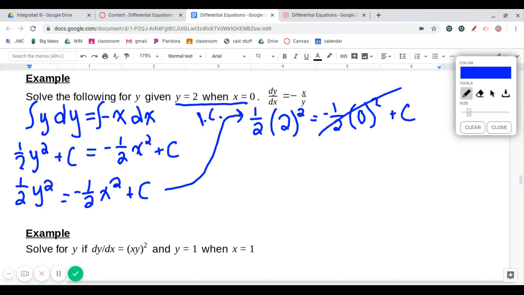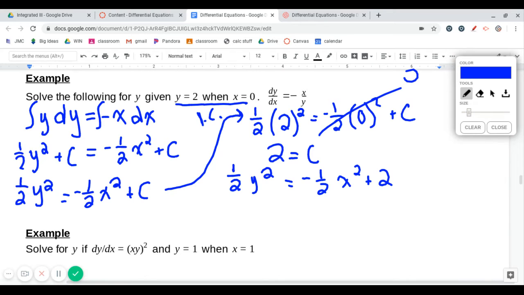So this term here becomes 0. And now we got 2 squared, which is 4, times 1/2, which is 2. So we get 2 equals c. So we got 1/2 y squared equals negative 1/2 x squared plus 2.